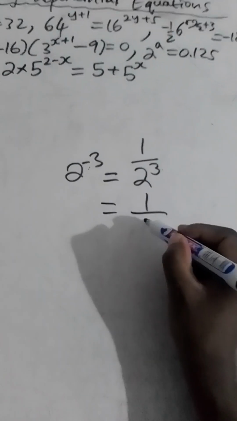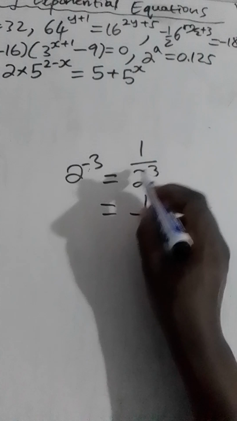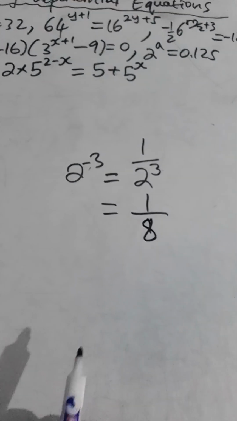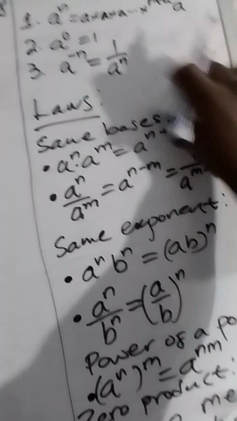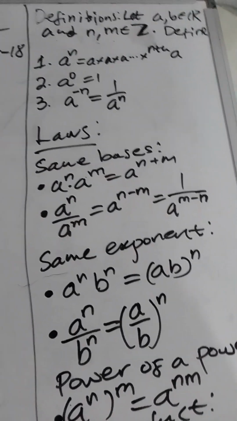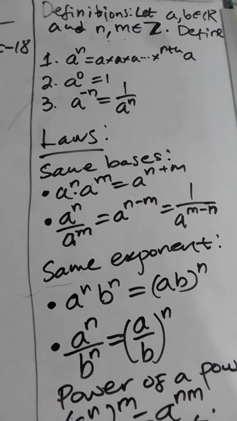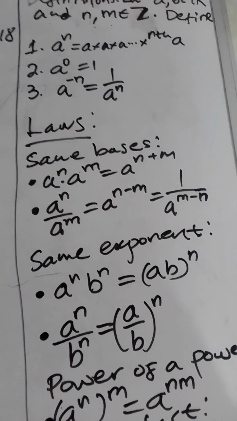Simplifying this, we would get 2 times 2 times 2, which is 8. But that is just an example. So the last definition allows us to change the exponent of any given power to be either positive or negative. So it's the change of the sign of the exponent definition.